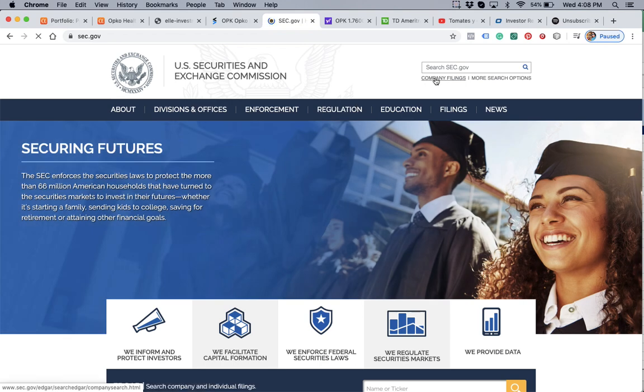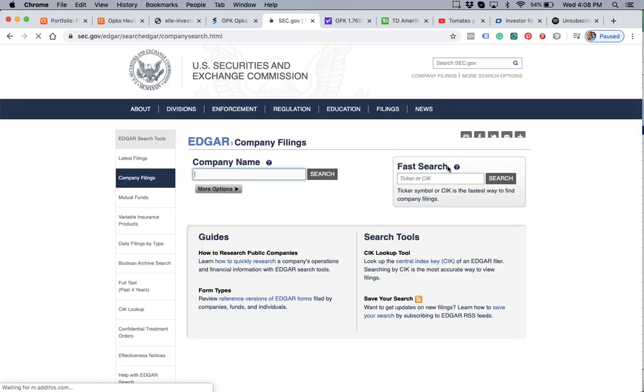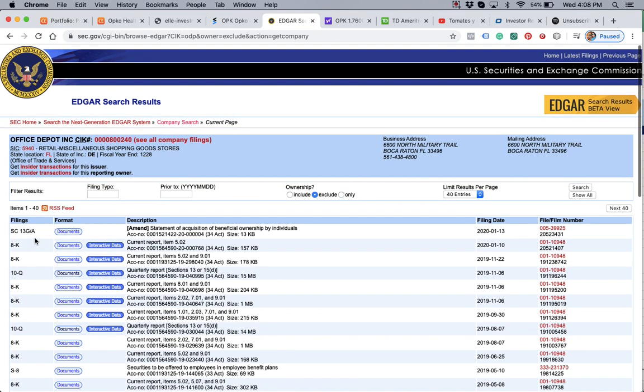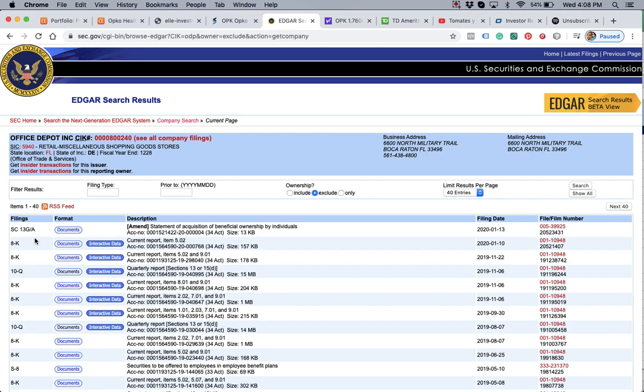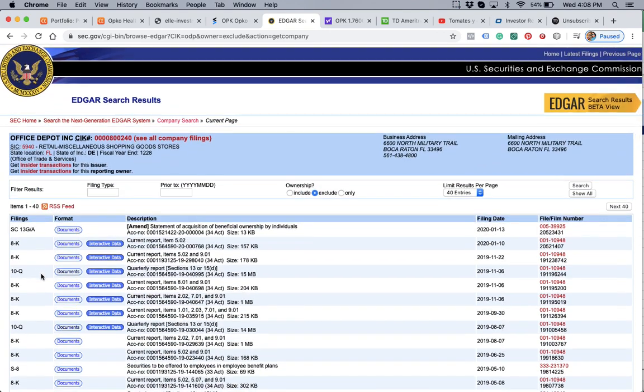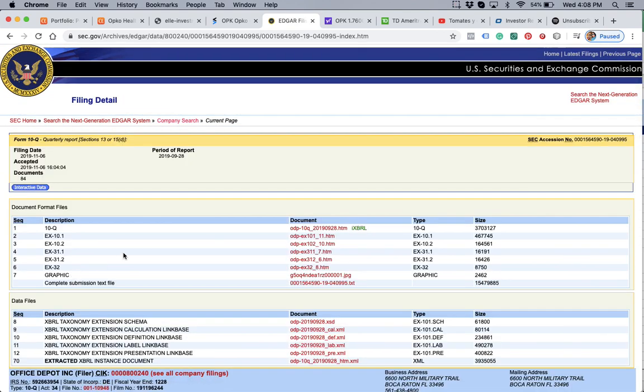So here you click on this link, Company Filings, and you type in the ticker symbol, and you can access here all of their filings. So it's organized in chronological order, with the most recent filings here at the beginning, and then going backwards. So if you want to see their most recent 10Q, there it is.